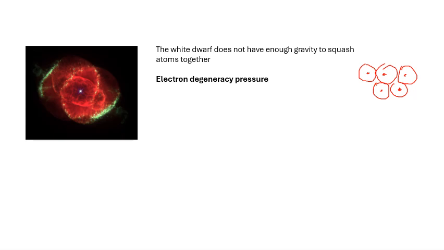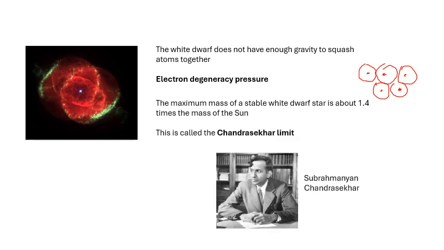If the gravity was stronger, then that would be able to happen. But in a white dwarf, there's not enough gravity. The maximum mass of a stable white dwarf is about 1.4 times the mass of the sun. That's called the Chandrasekhar limit, named after the astronomer Chandrasekhar. So that's the maximum mass of a white dwarf.